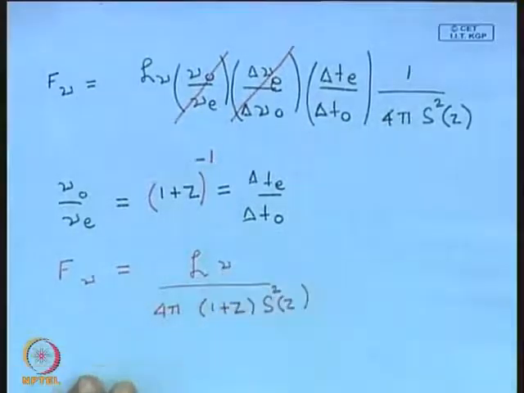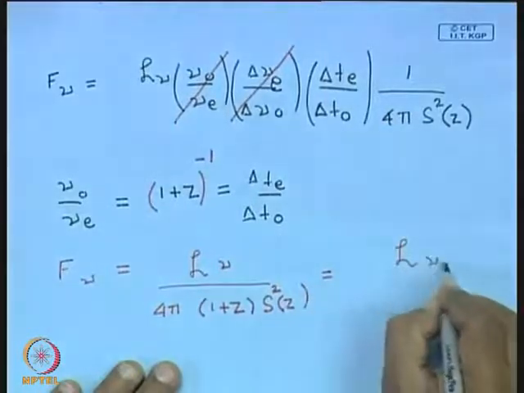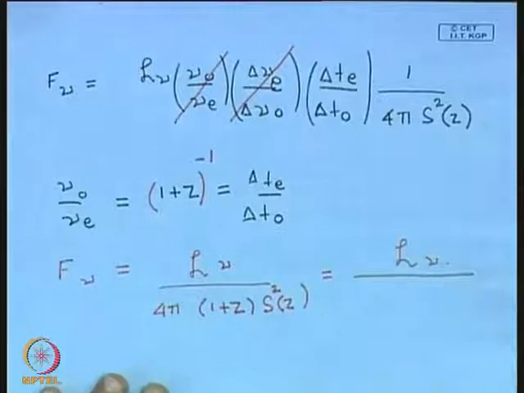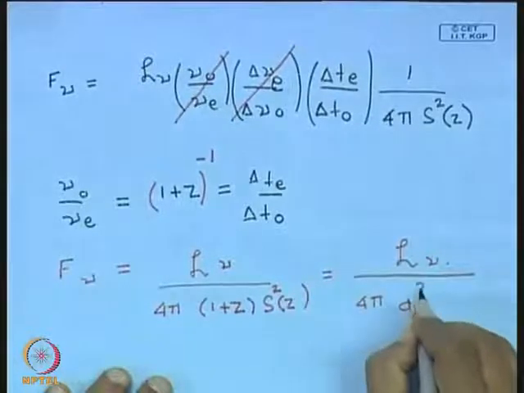Compare this with the definition of the luminosity distance. This is 4 pi dl square z.